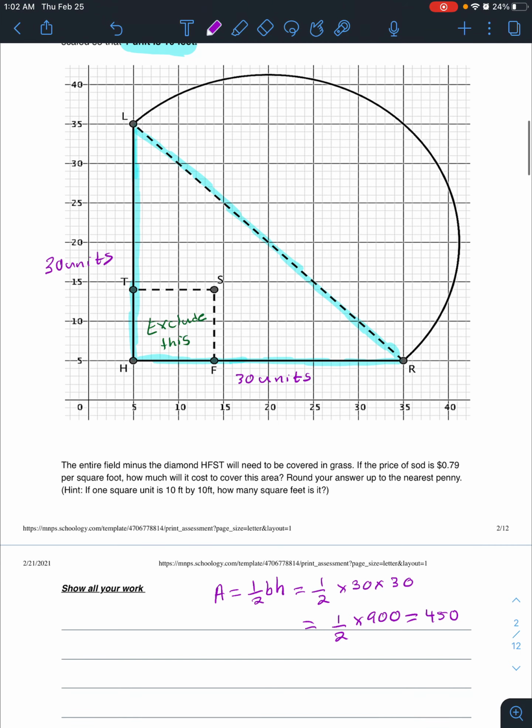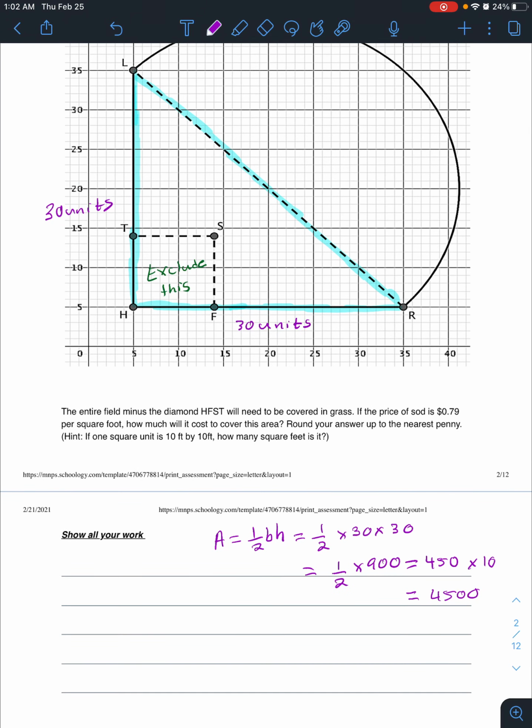And then they took the 450 and they remembered that this is in units and they multiplied by 10 and they got 4,500, and then they multiply this by 79 cents. So actually, before we multiply by 79 cents, we probably should subtract the square. But a lot of students would do this. And first of all, I want to show you a mistake that was made here.